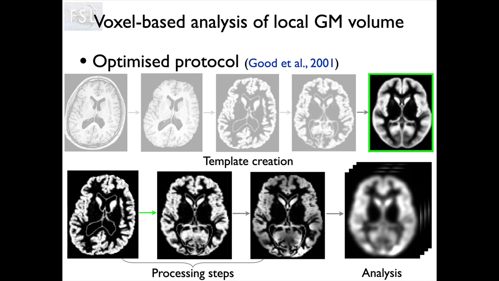Now we have a grey matter partial volume which is averaged in an area, because that's what the smoothing is doing. It's giving a local average. So we have a local average of the grey matter, and so you'll often hear it referred to as local grey matter volume or grey matter density. And it just represents the fact that it's not the grey matter precisely at each voxel, but each voxel represents the grey matter in its local region, an average around that voxel. And that's what we're going to analyse.